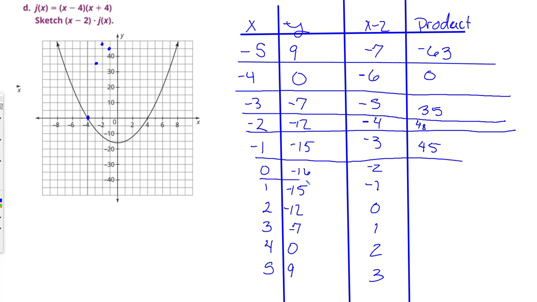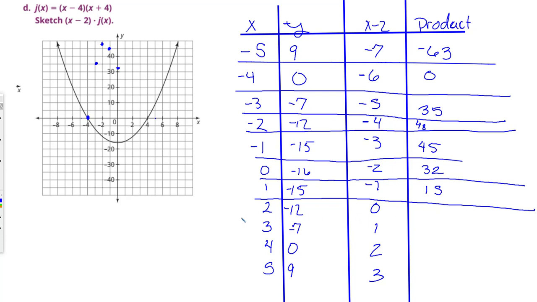What about -16 times -2? -5 times -1. What? Wait, no, 15. Okay. I couldn't hear what you said, sorry. So at 1, we're at 15.